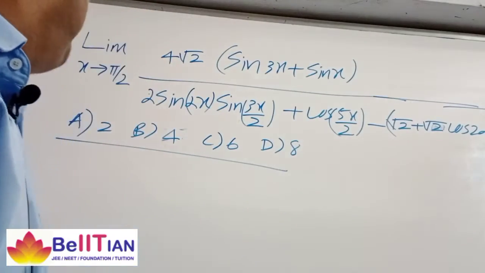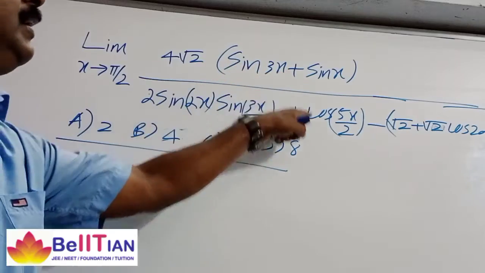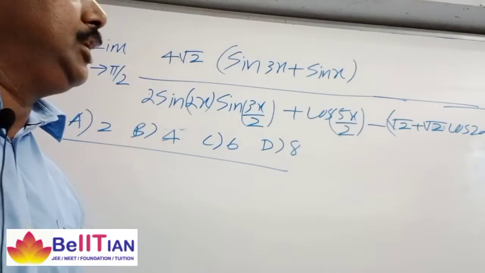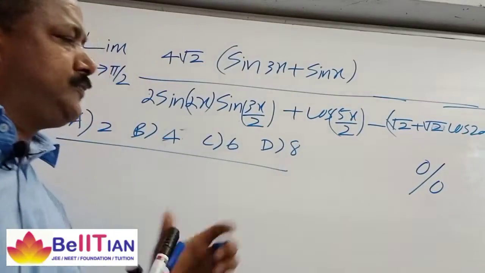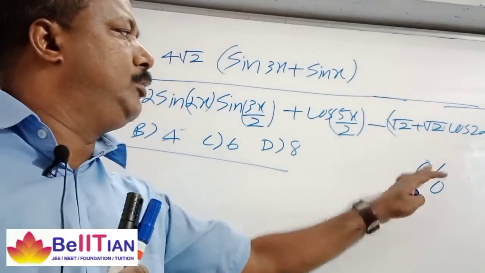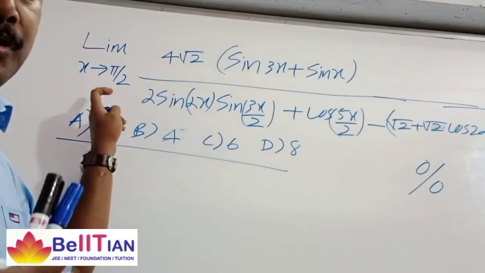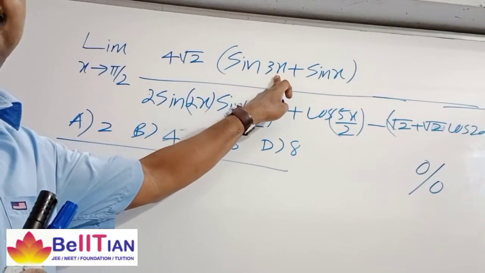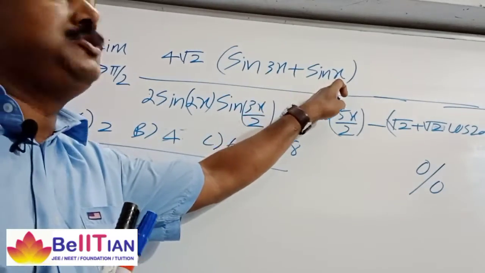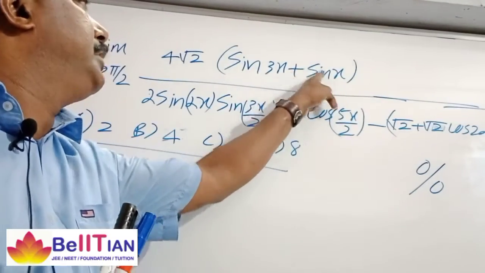See, when you apply x is equal to pi by 2 directly to these expressions, you will get 0 by 0 form. The numerator becomes 0, because sine 3 pi by 2 is equal to minus 1 and sine pi by 2 is equal to 1, so 1 minus 1 is 0.